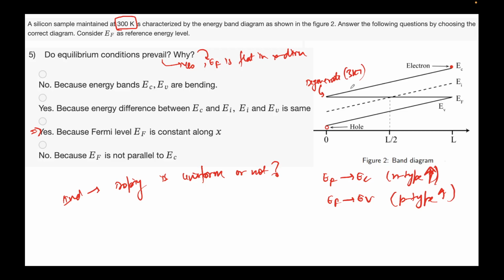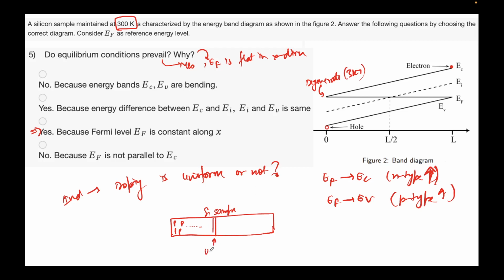So you can just imagine it like this. This is a silicon semiconductor sample. On the left side I am doping as N type, so let's say I'm doping with phosphorus, and then the phosphorus gradually decreases. Here it's undoped in the center.